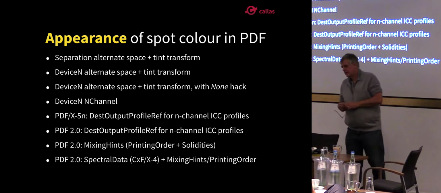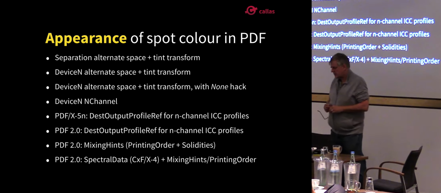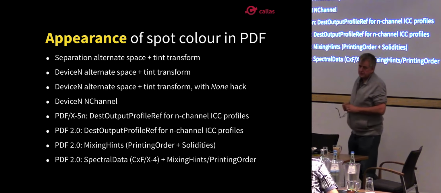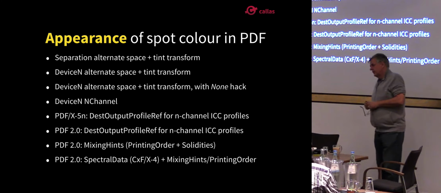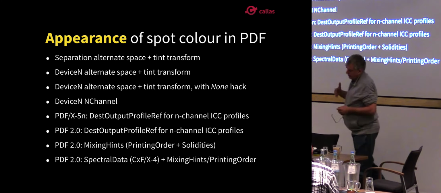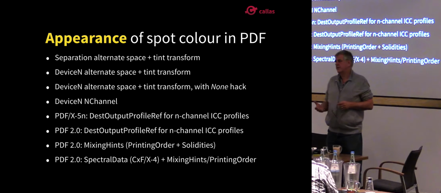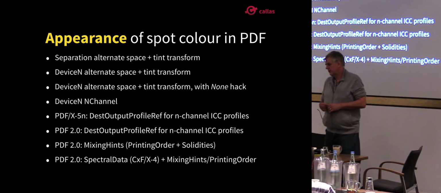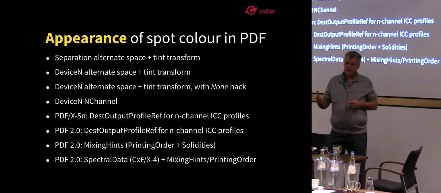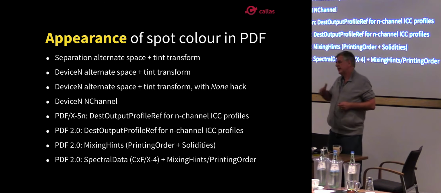Then in PDF 2.0 there are 2 more options. Mixing hints, which I will not get into because it's hardly used by anybody. And then the last item is a spectral data entry, which can be filled with CXF/X-4 representations of spot colors as they have actually been printed on some output device. And it's an XML representation of the spectral reflectance curve.